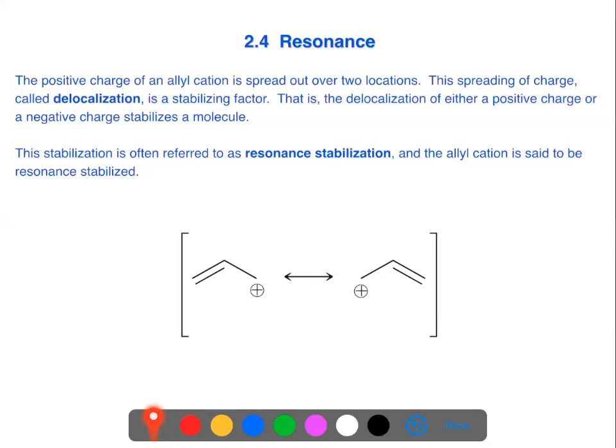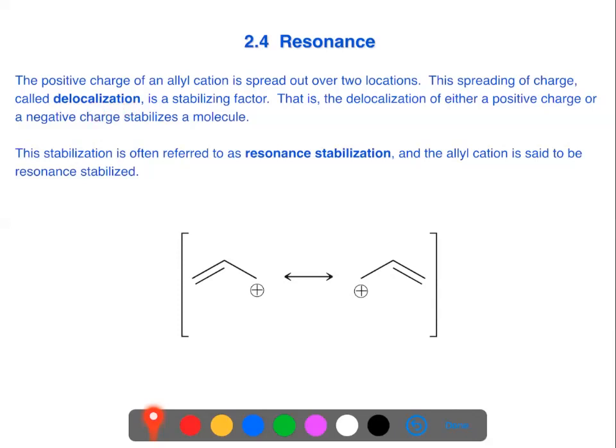So the spreading of charge, the spreading of this carbocation throughout this 3-carbon system, or you can think of it as the movement of these pi electrons from being between these 2 carbons to these 2 carbons, this is known as delocalization.